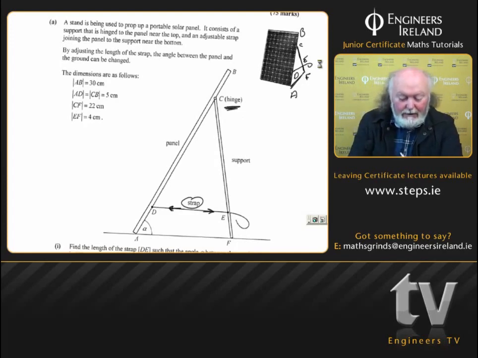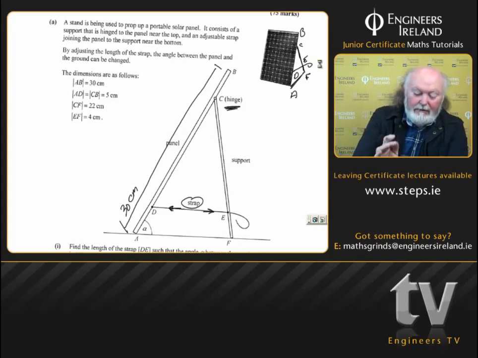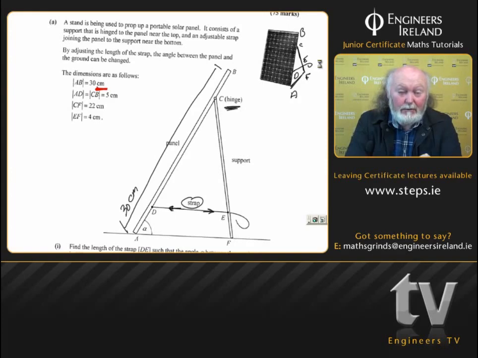We're given dimensions. We're told AB, from A up to B, is 30 centimeters. We have dimensions. We must give our answers with dimensions, or we don't get all the marks. So we should take a serious note.